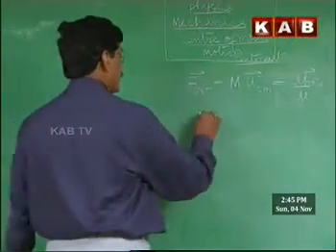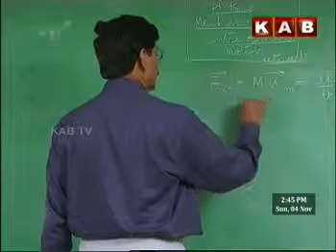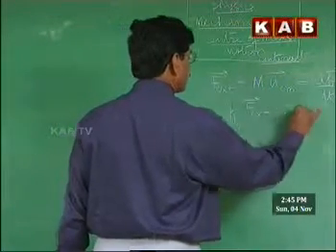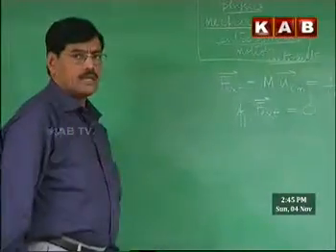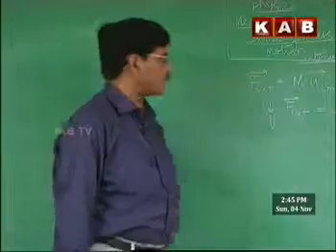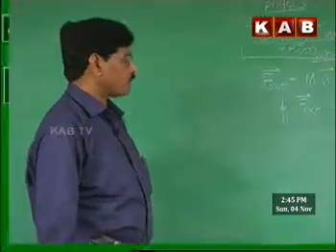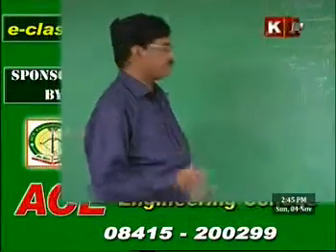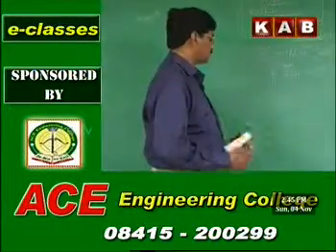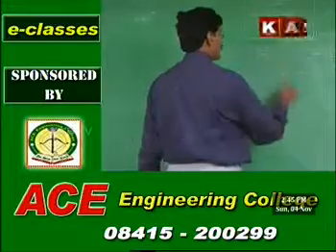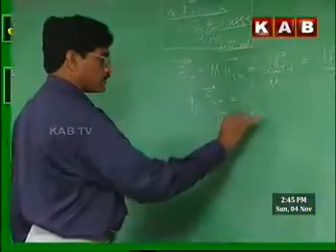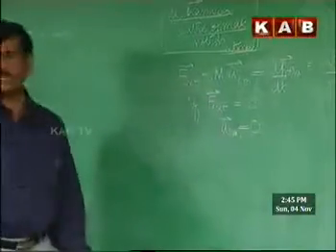Now, in case F external is 0, means net external force acting on the system is 0. If the system is not acted upon by external force, irrespective of what kind of internal forces are there, in such cases what happens? ACM becomes 0, acceleration of center of mass is 0.